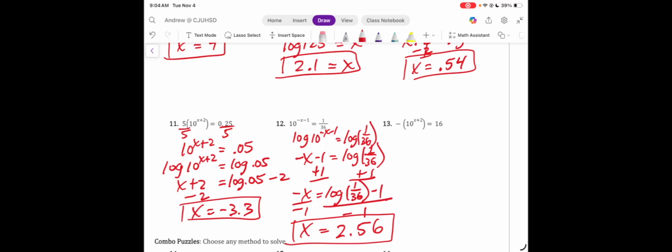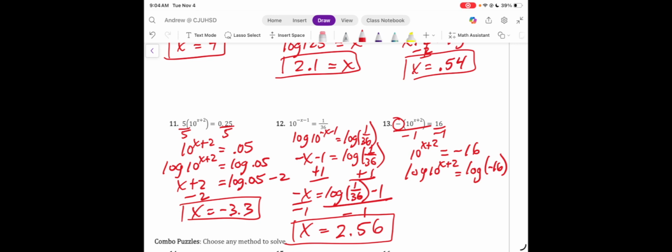Okay, 13 is going to be no solution. This negative means negative 1. If we divide by negative 1, that means 10 to the x plus 2 is negative 16. As soon as we apply the log to both sides, the log of negative 16 is a domain error.